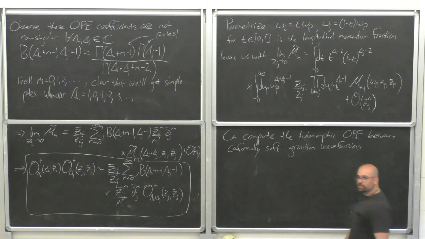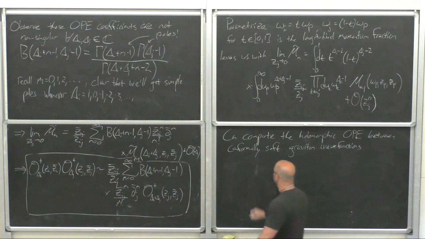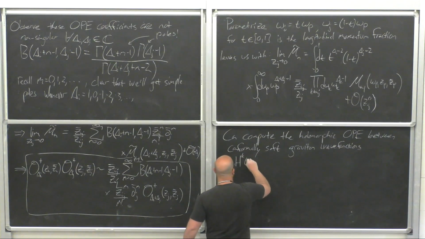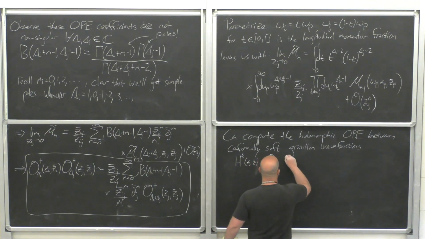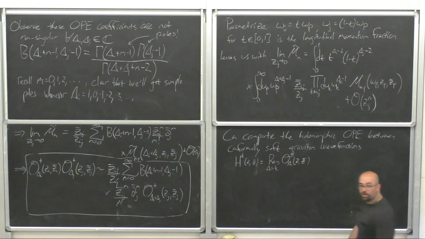So remember, these are just the things we defined, let's say H^k(z bar). This is just the residue at delta equals k of, let's say, the positive helicity graviton conformal primary wave function.